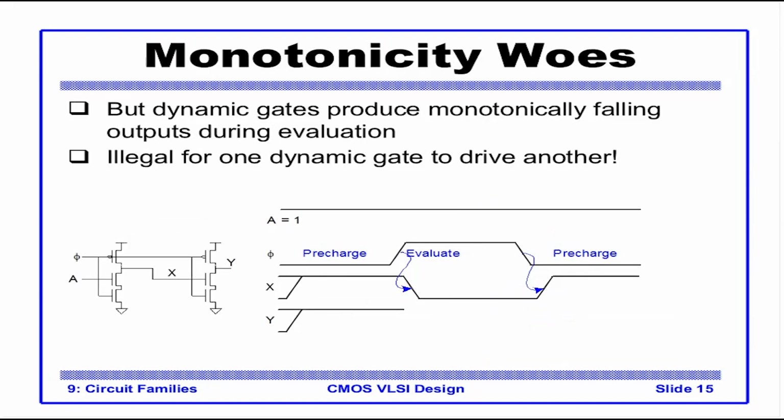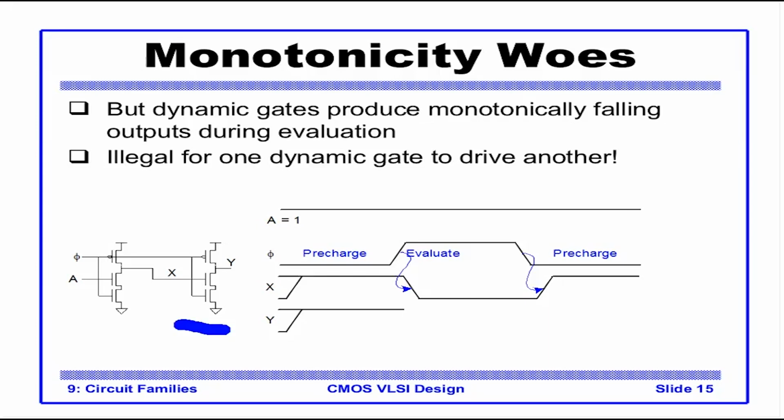But on the other hand, a dynamic gate will produce a monotonically falling output during evaluation. What does this mean? See the case when I connect one inverter to another inverter forming a buffer. Whenever A goes from 0 to 1, X goes from 1 to 0. But X going from 1 to 0 is not valid for the second dynamic gate.